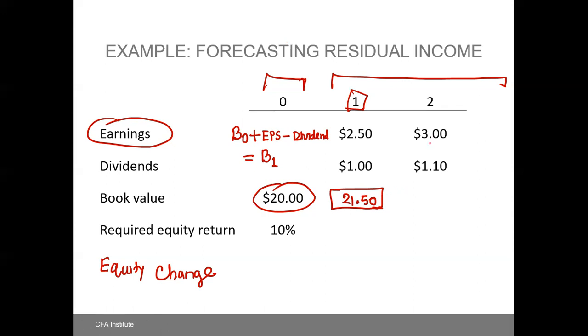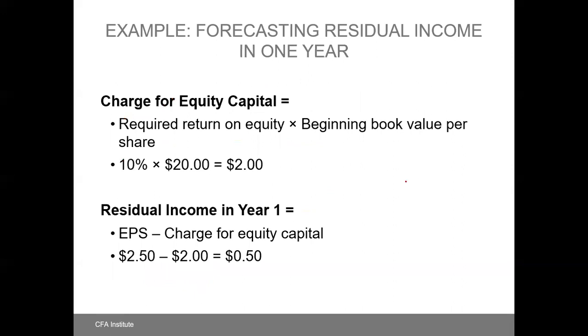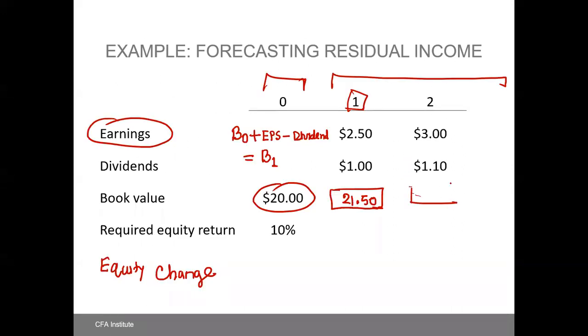So 21.5 plus 3, which is 24.5, and if we subtract the dividend of 1, what shall be the book value at the end of year 2? 23.5.